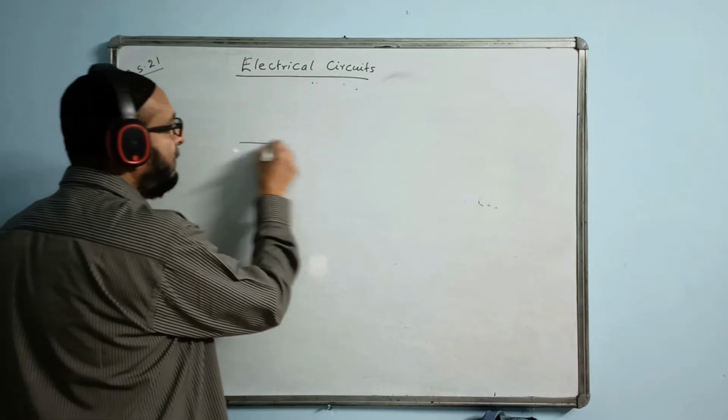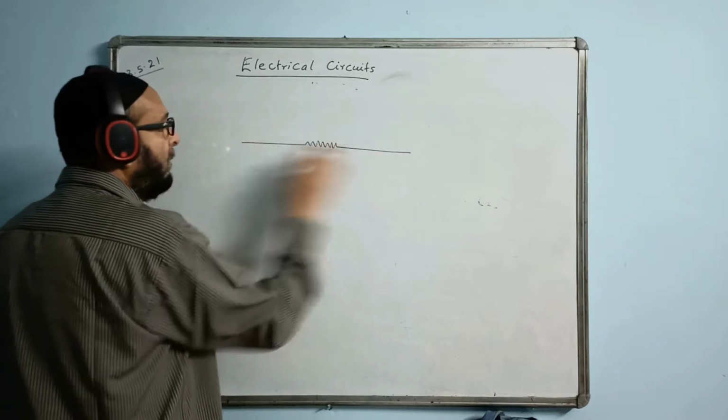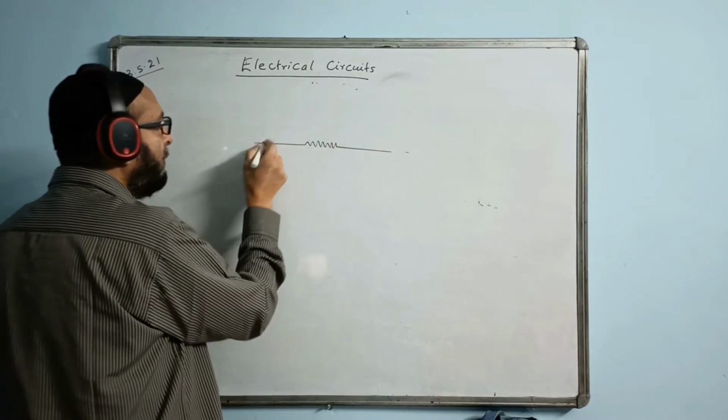They are showing in a diagram resistance. There is a cube given in this. We'll make a cube first.